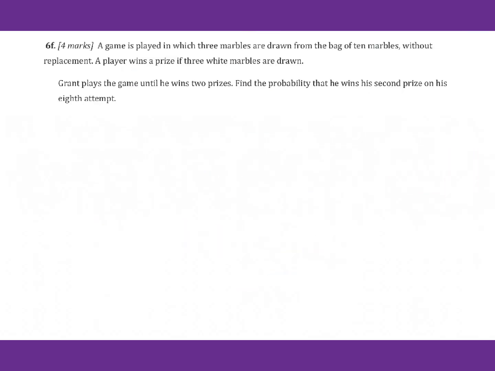Now let's go to 6F. A game is played in which 3 marbles are drawn from the bag of 10 marbles without replacement. A player wins a prize if 3 white marbles are drawn. We know the probability for 3 white equals 1 over 6.